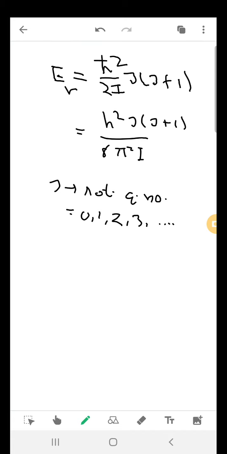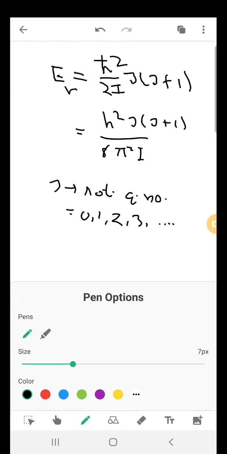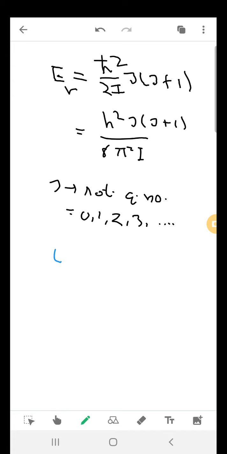Now, there is another way of writing the energy. If we divide this E_R by c h, then we get F of J, which is equal to B into J into J plus 1.